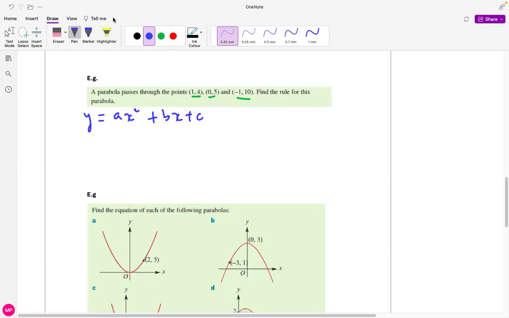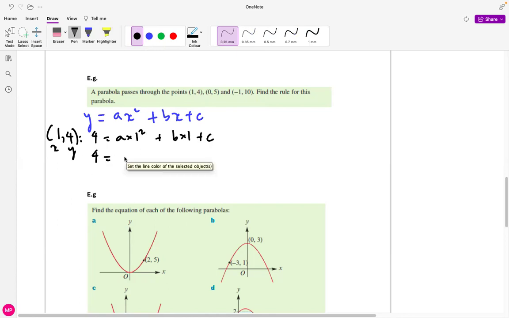You substitute each point and solve simultaneously. So let's do 1 for x, 4 for y. So 4 equals a times 1 squared plus b times 1 plus c, so I have 4 equals a plus b plus c. Leave that as equation 1 for now.